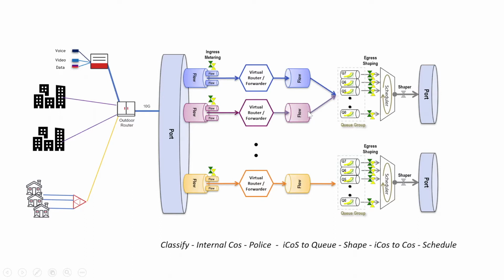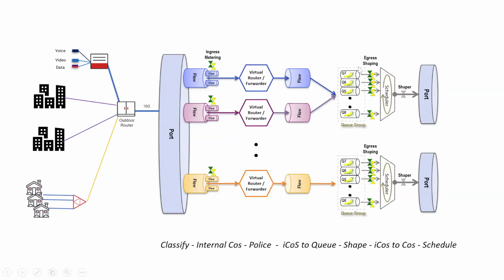Now, at the egress, there'll be queues associated with the flow point. And the way that a packet will determine which queue it should be enqueued to is based on that internal COS. So we'll look at the internal COS and determine which queue that frame should be queued to.